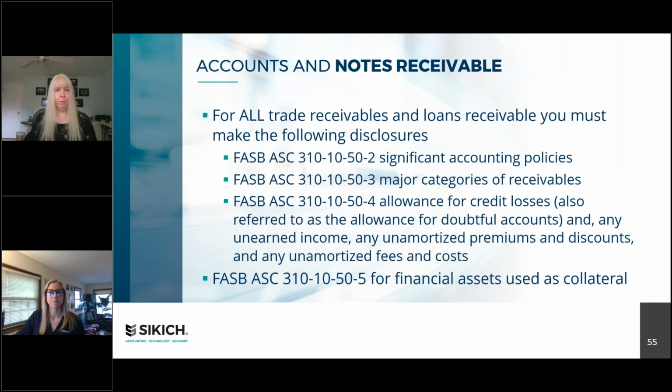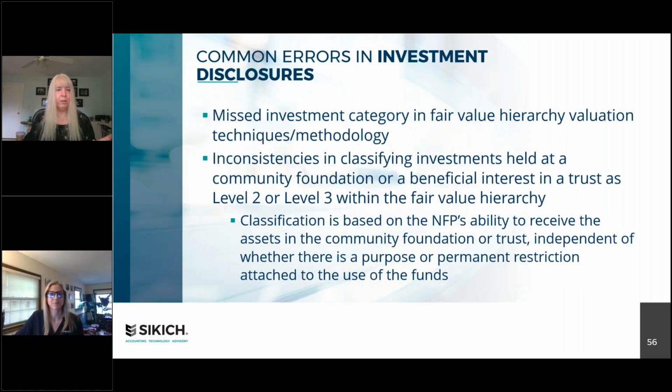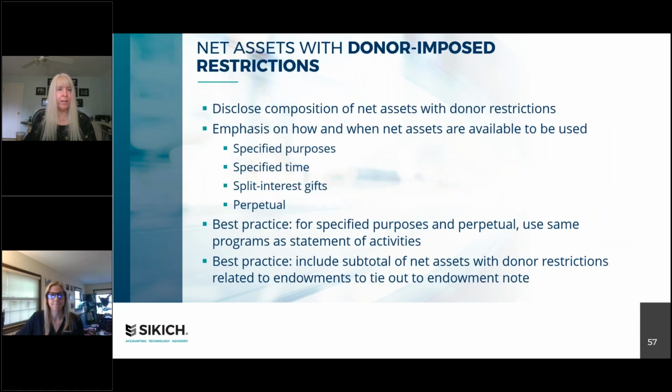I'm going to skip over some of these because we're coming up on time. But just as a reminder, we've got accounts and notes receivable have required disclosures. There are some common errors in investment disclosures where we're seeing things not in the right place in the hierarchy. There are some inadequate disclosures on donor imposed restrictions.